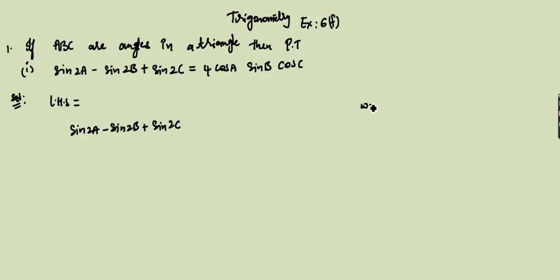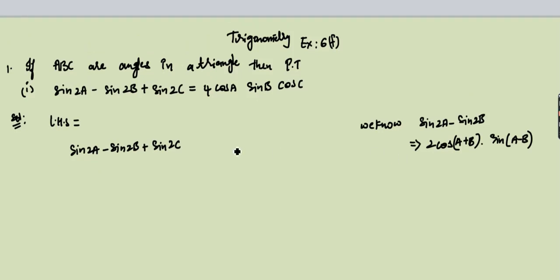We know sine 2A minus sine 2B is equal to 2 cos of A plus B into sine of A minus B. So we already learned this formula, like sine C minus sine D is nothing but 2 cos of C plus D into sine of C minus D. Here we have A and B. That's the reason why we are using A and B terms. So let's put this formula into the sine C minus sine D.